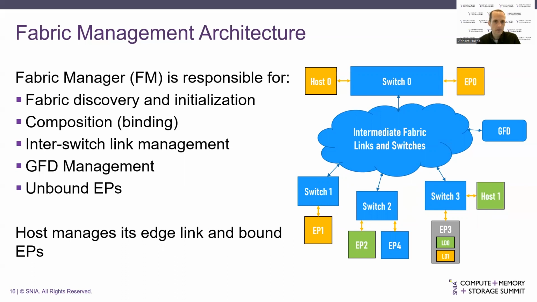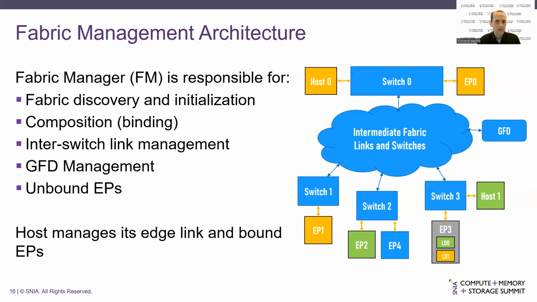So the fabric manager is responsible for the initial discovery and initialization of all of the devices, generating an inventory. And once it has that, it can do composition. It can start binding endpoints to hosts and constructing these virtual hierarchies. That also involves enabling the access control mechanisms that are in place to decide which hosts have access to which parts of the GFAM space.